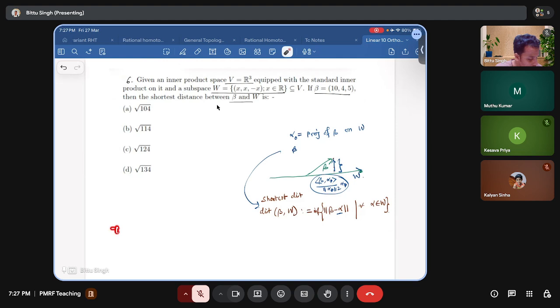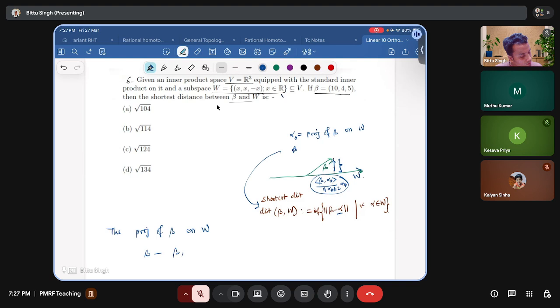So let us rewrite the whole thing. The projection of beta on W is given by the formula: W is spanned by this basis vector 1, 1, minus 1. We can choose this as alpha, the direction. Beta alpha by norm alpha squared times alpha.